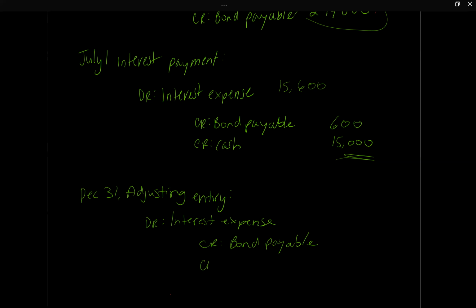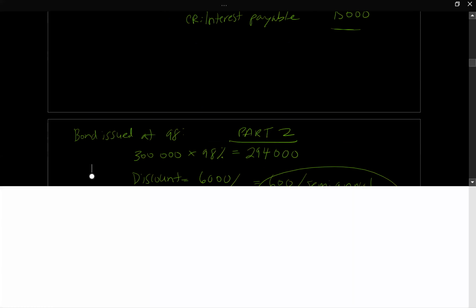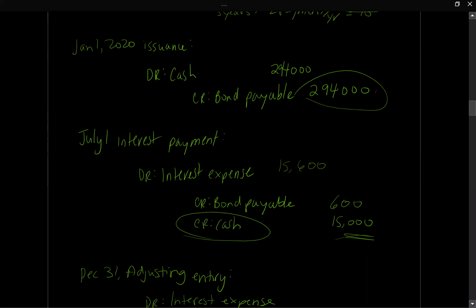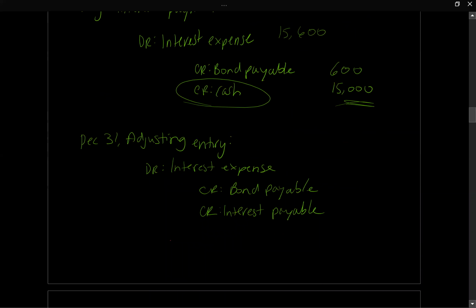And then credit, and again, the difference in this adjusting entry is that rather than a credit to cash, this is going to be a credit to interest payable, because we don't actually have to pay the bondholders their payment at December 31st. We're simply accruing the portion of it that they've earned in 2020, which happens to be the entire amount, because it's going to be paid the very next day. So this is going to be 15,000. Okay, the bond payable we know is going to be 600. And the interest expense is going to be 15,600.